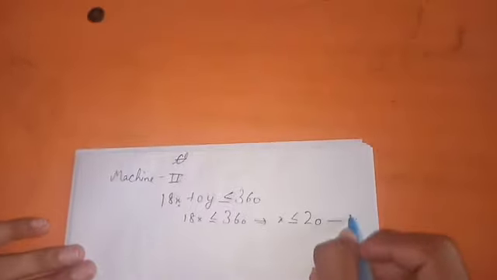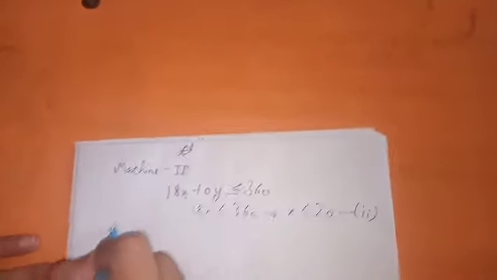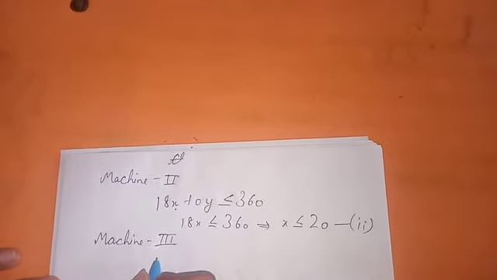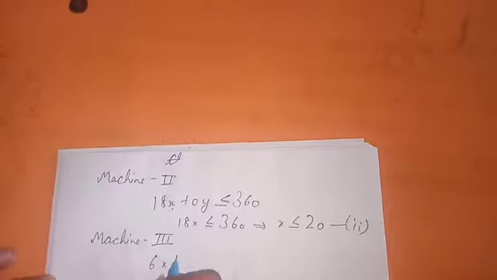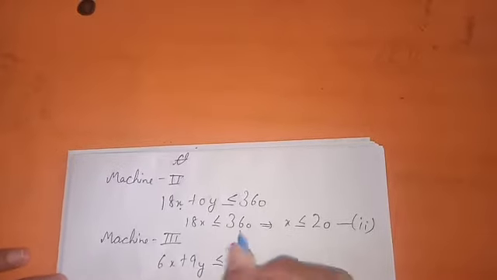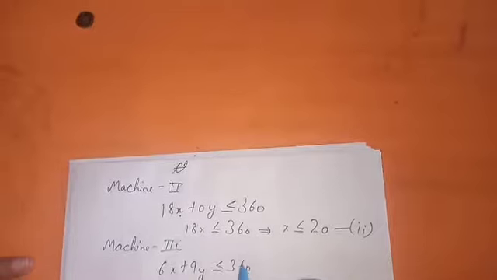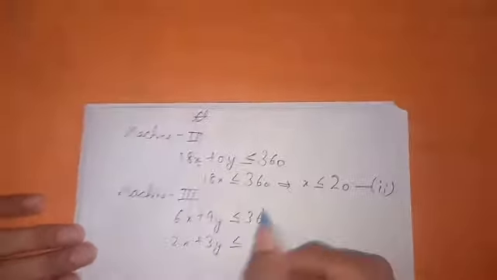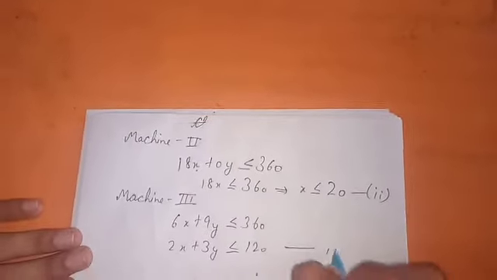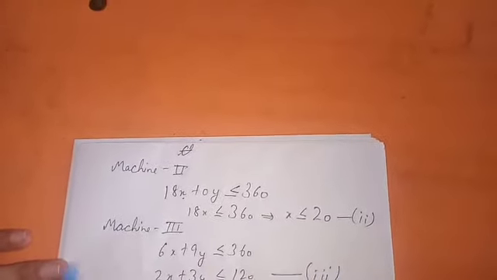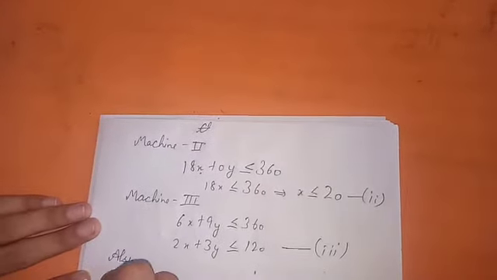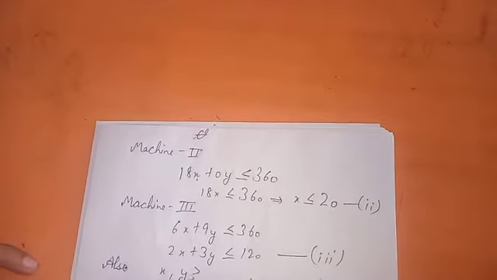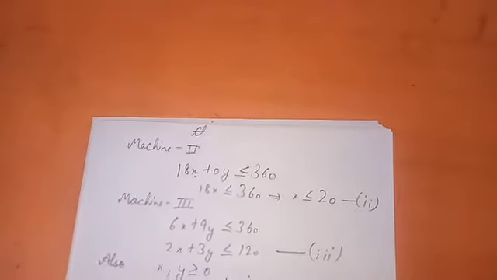It is our second. For machine 3, 6x plus 9y must be less than or equal to 360. This we can write as 2x plus 3y less than or equal to 120. It is our third constraint. Also, x and y should be greater than or equal to 0.